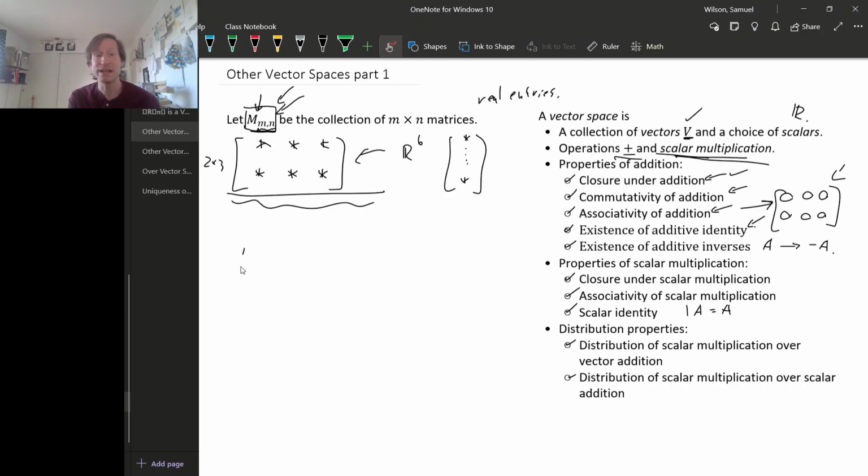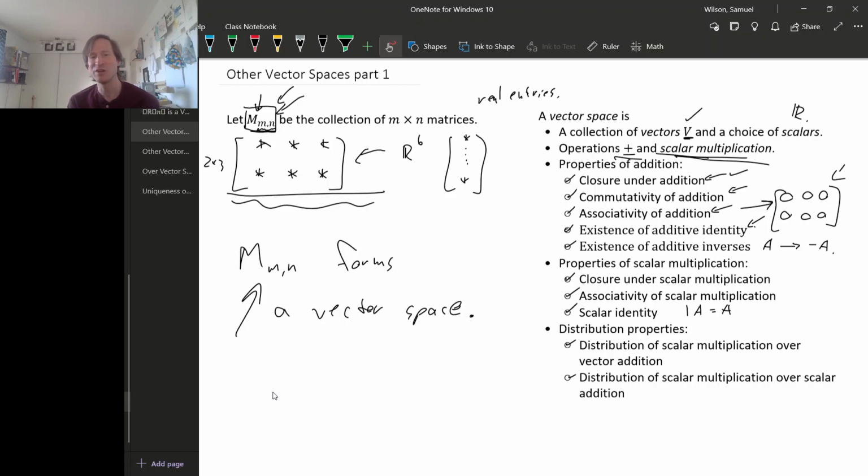So that means that the collection of matrices of a given size forms a vector space. Okay. Great. So that's one vector space that we've actually encountered, but we've never really described it as a vector space.